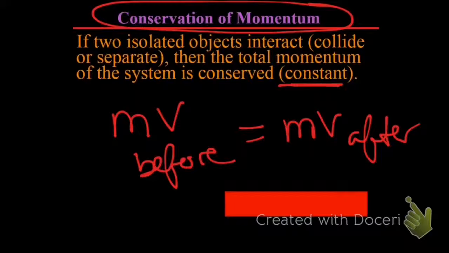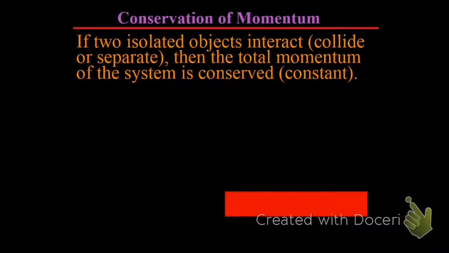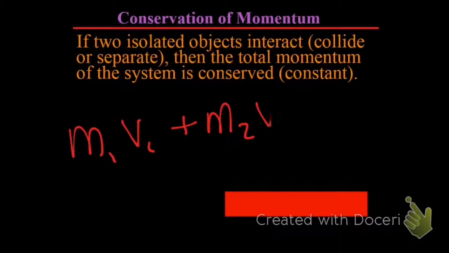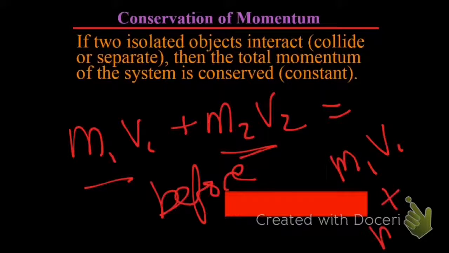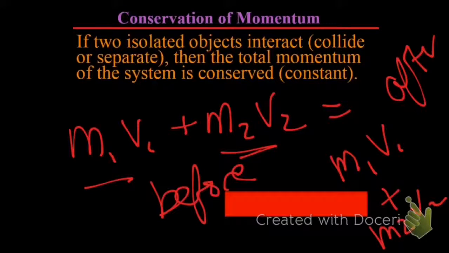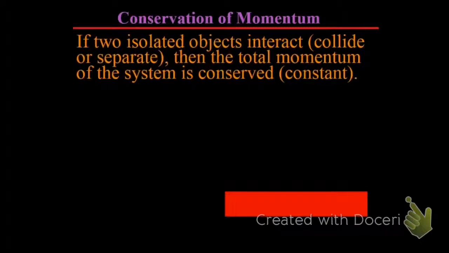Maybe it's multiple objects, maybe you've got an M1v1 and an M2v2, like two different objects. Whatever their momentum before still needs to sum up to their momentum after. M1v1 plus M2v2 afterwards. That's another way to write it. Momentum is conserved, it's constant before and after the objects interact.